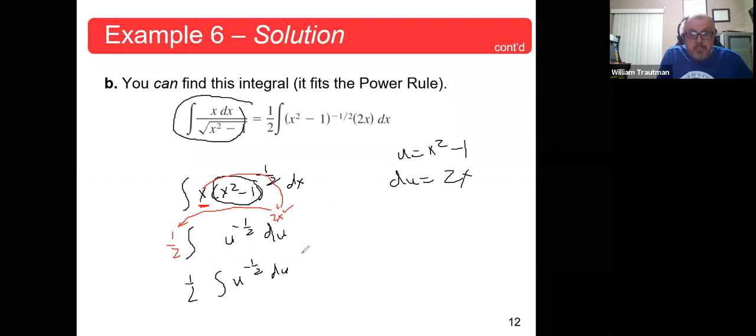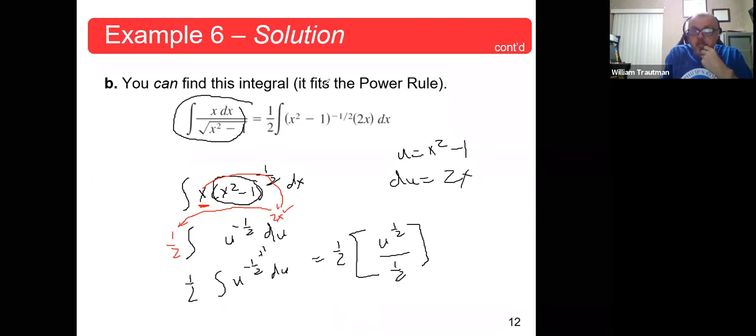And when you integrate, you add 1 to the power, and I end up with u to the negative 1/2 plus 1 is 1/2. And then I take this power and put it on the bottom. Okay.